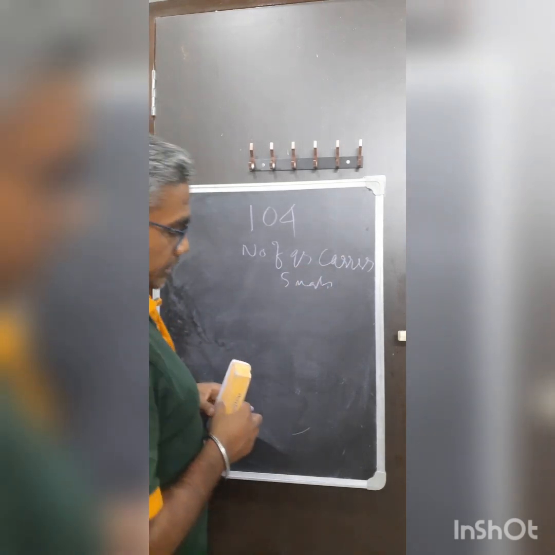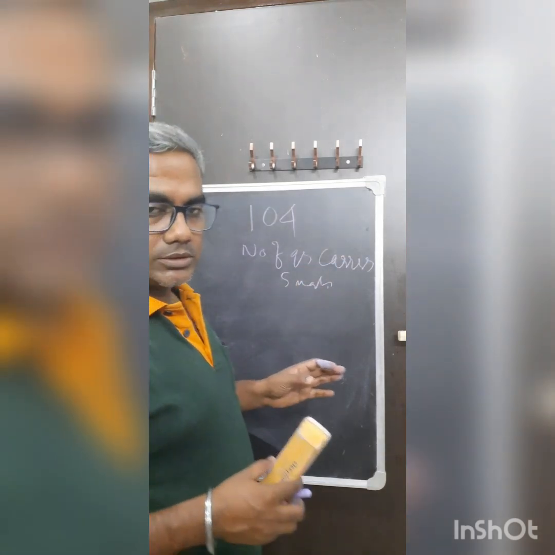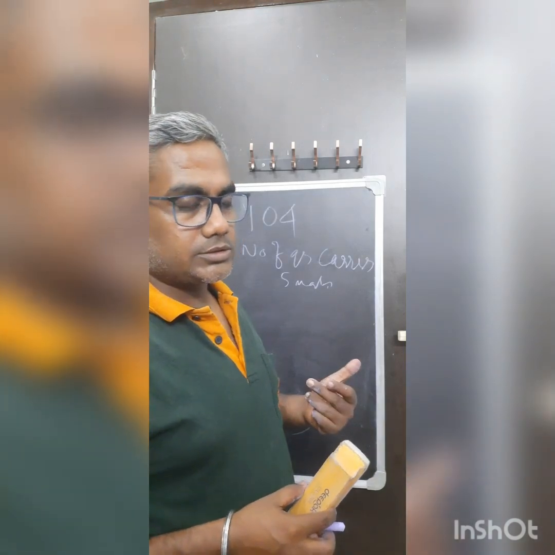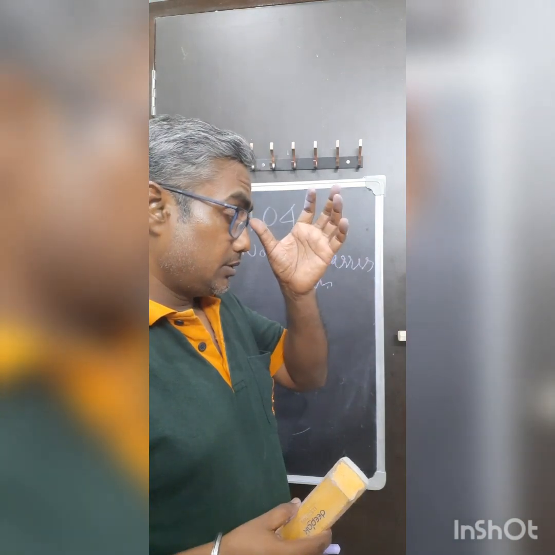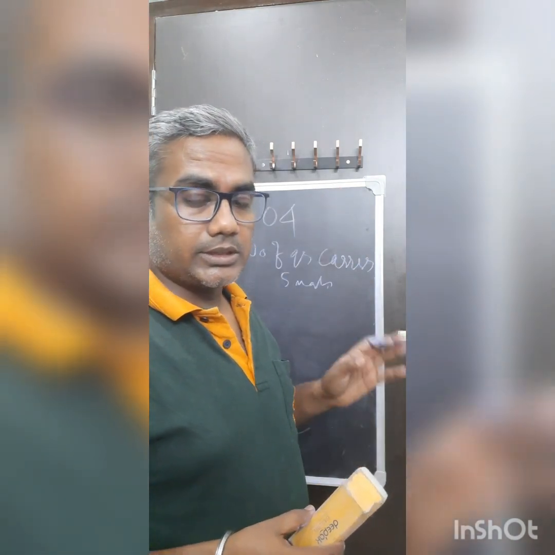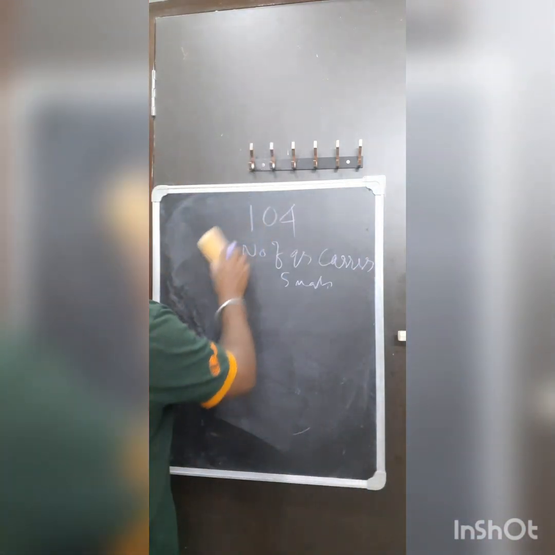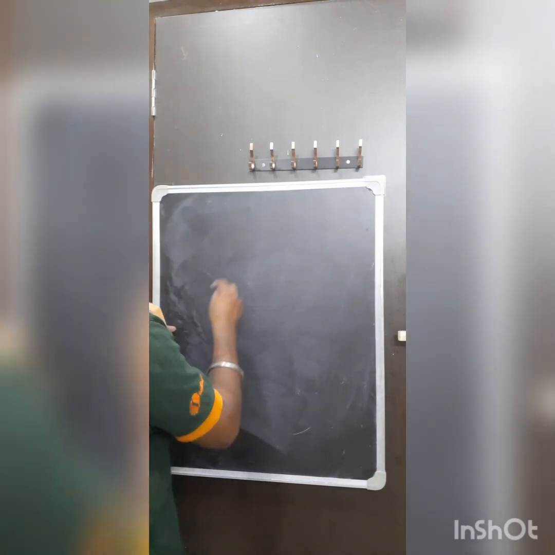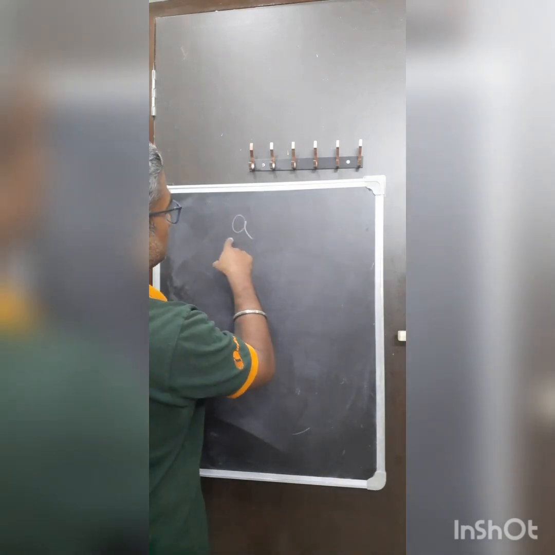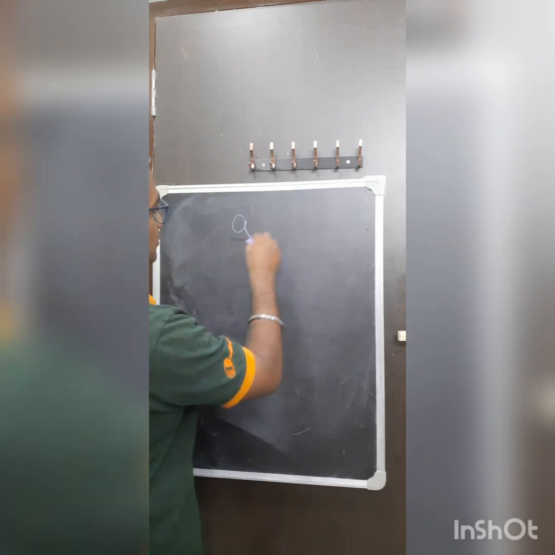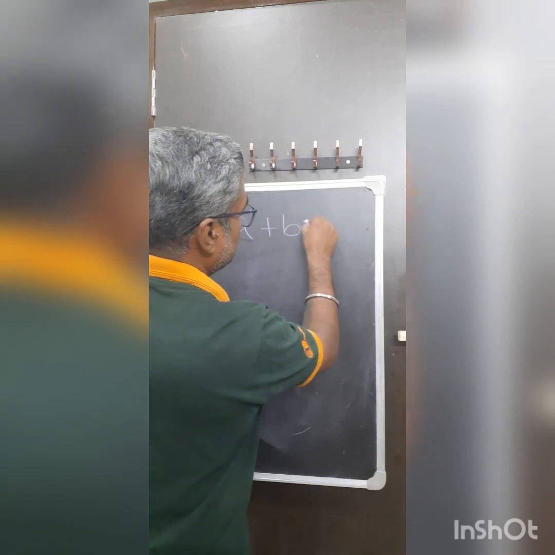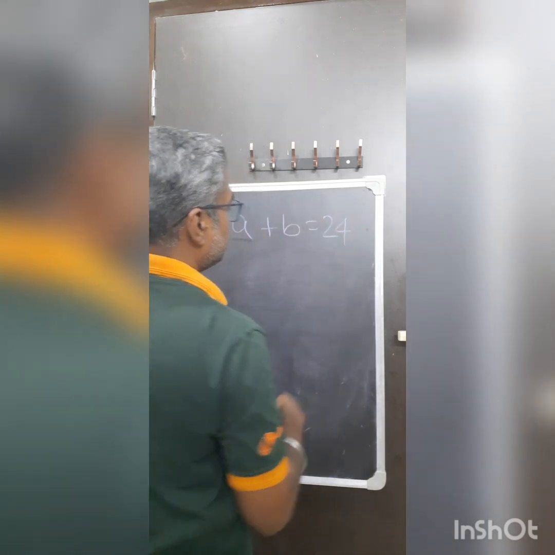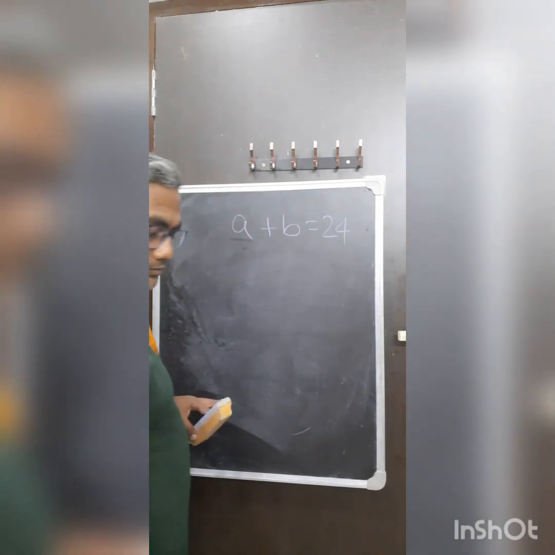So here, as nothing is given, I can assume that he has not made any mistake and he has secured all the marks for the questions he has attempted. On that basis, the number of questions is 24. If I say the number of questions carrying 5 marks is A and that of 3 marks is B, then the equation says A plus B is 24.